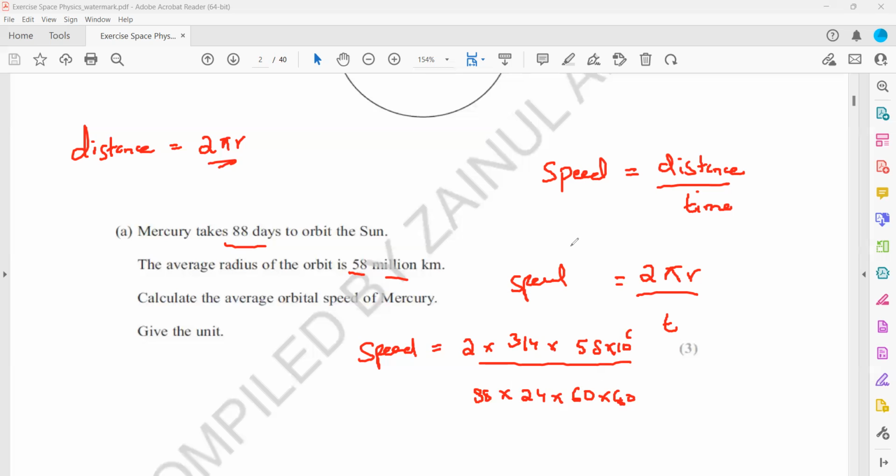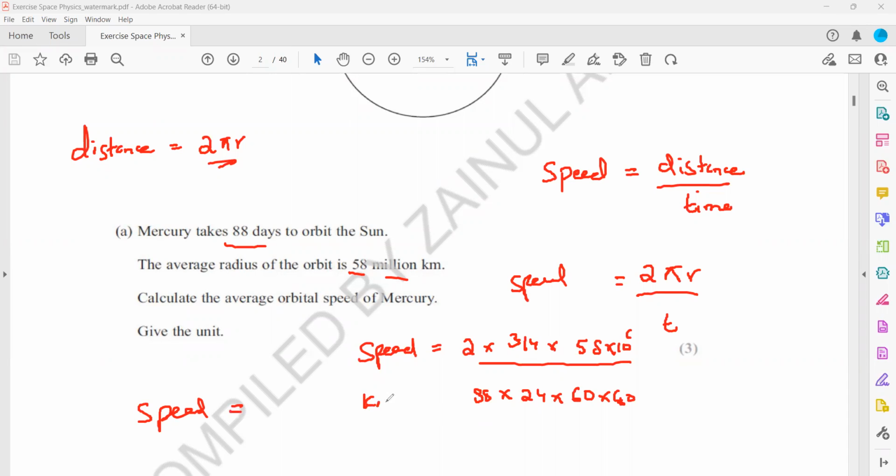How many seconds are there? It's 7603200. So that is the total time it took. When we simplify, what's the final answer for the speed of Mercury?